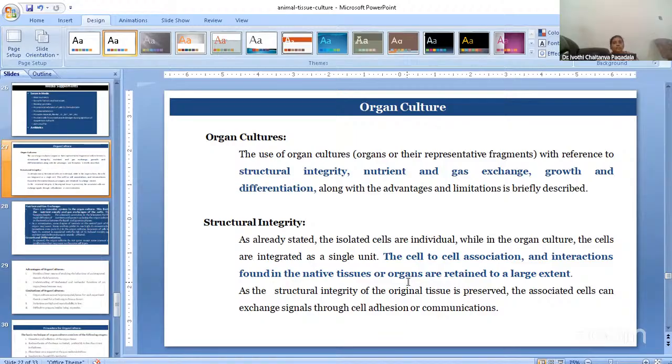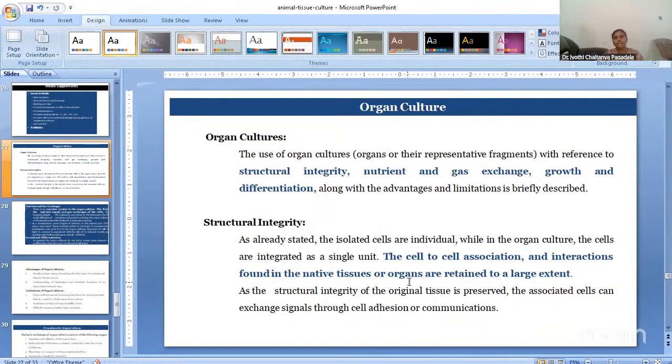It is important to store all these media, reagents, and chemicals according to the instructions on the label, which are given by the companies.